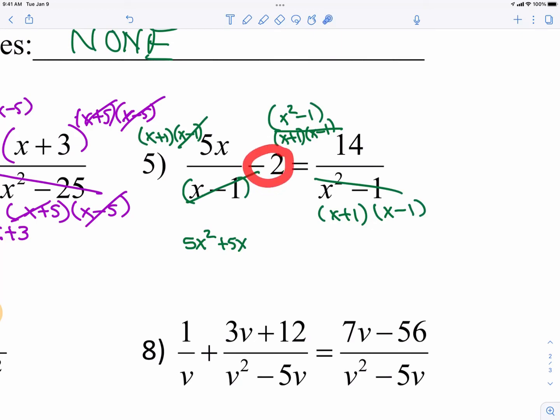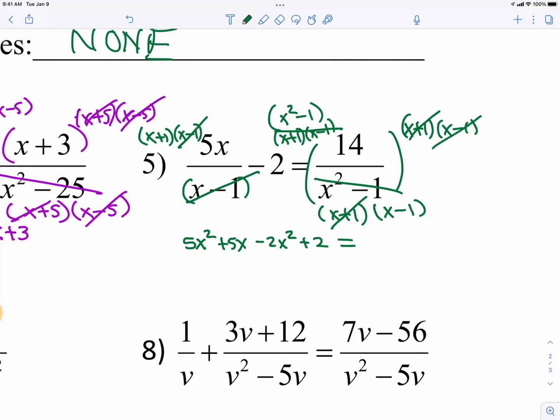So negative 2 times x squared minus 1 is going to give you negative 2x squared plus 2. And now when you multiply this last fraction by x plus 1, x minus 1, then the x plus 1s cancel each other, and the x minus 1s also cancel, and you're just left with the 14 on the top.